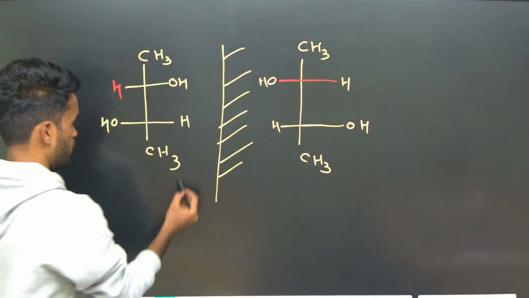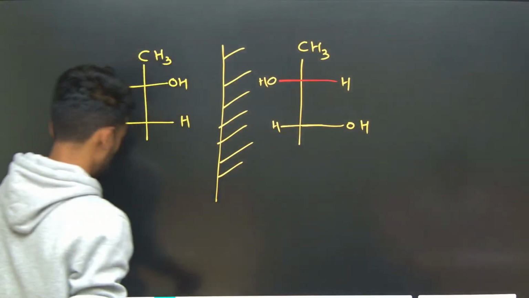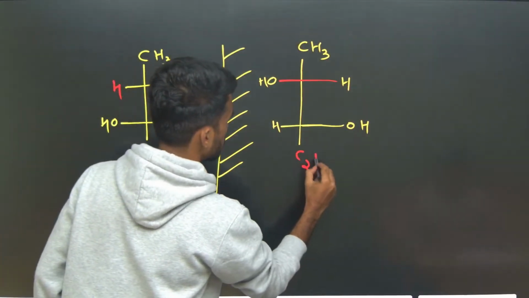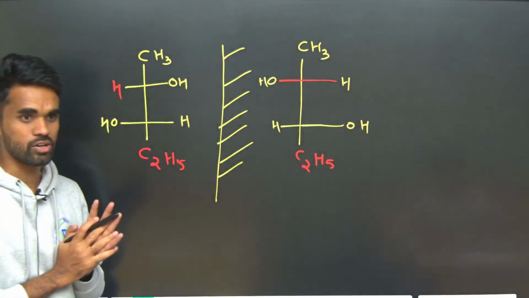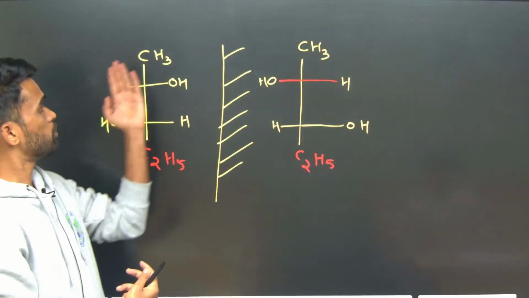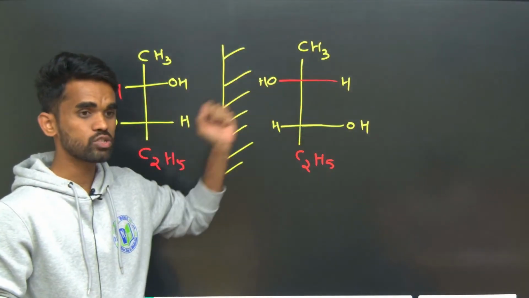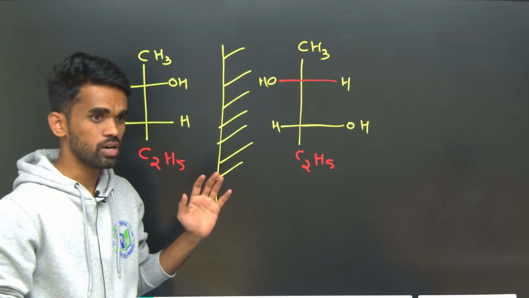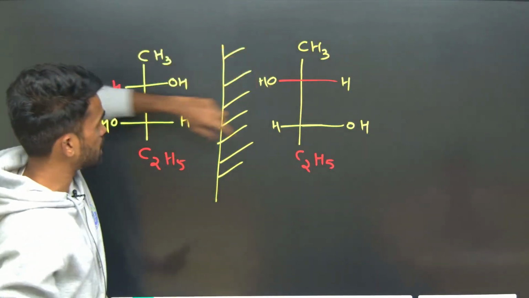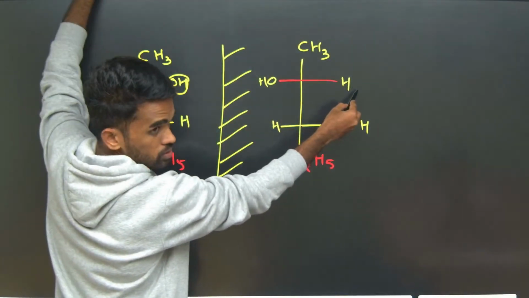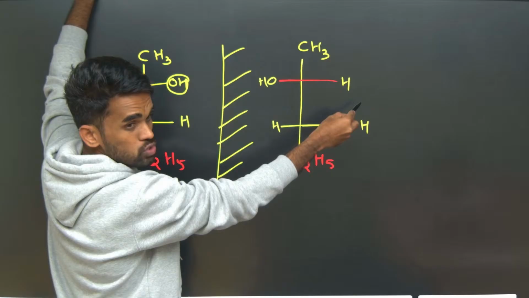For understanding purposes, you can take methyl or ethyl, some other groups like C2H5. Is this a mirror image or not? This is a mirror image, I can say. Now bring this molecule and keep it on it. Are they superimposing? No. CH3 or ethyl can match, but this OH will go onto the hydrogen. It means it's not superimposing.